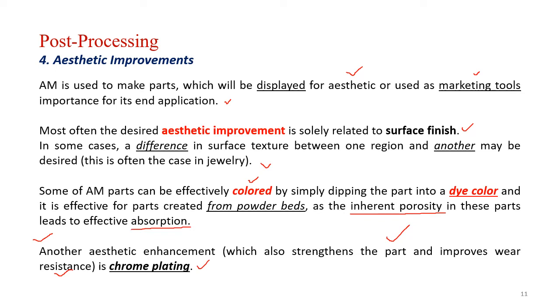When polymer materials come in contact with moisture, they are going to deteriorate, or spoil their shape and size also. For that we can give them a chrome plating finish, for better aesthetic improvement also.